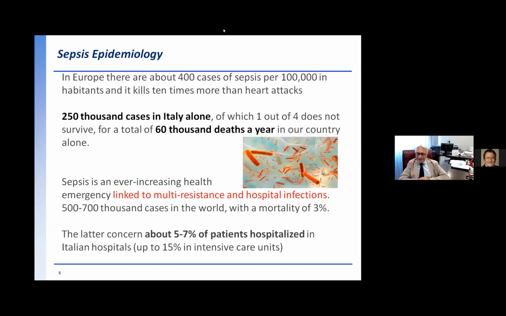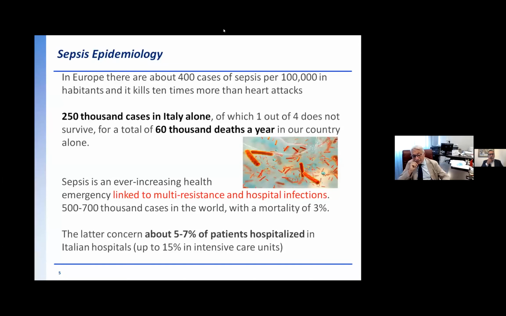Anyway, sepsis is related to an increasing health emergency, which is multi-resistance and hospital infections to germs that are highly antibiotic resistant, and this determines a high mortality rate related to the antibiotic resistance. So we've got about 700,000 cases in the world that show this multi-resistance to antibiotics.